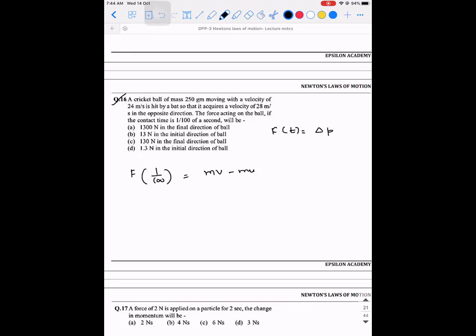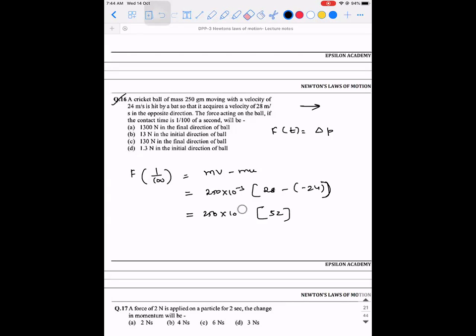Final minus initial. So what is the final momentum? If you take the right side direction as positive, mass of the ball is 250 into 10 power minus 3, into final velocity 28, minus the initial velocity, minus 24. Yes, don't miss that minus, okay? So 250 into 10 power minus 3 into 28 plus 24, which is 52.